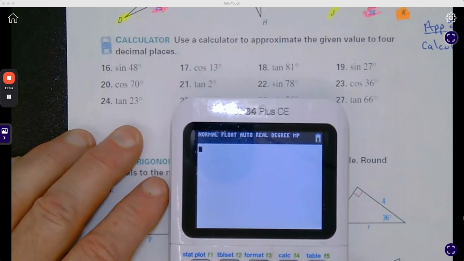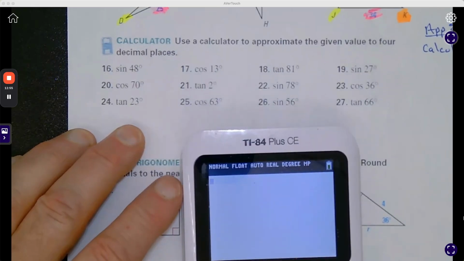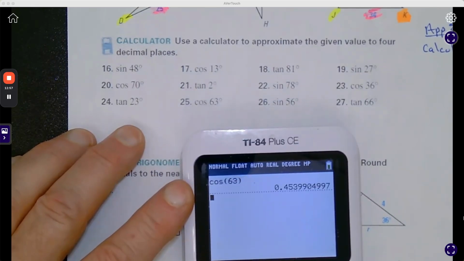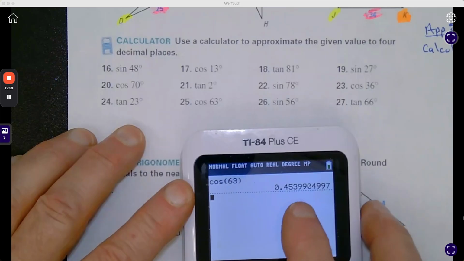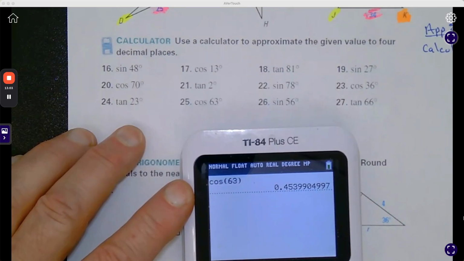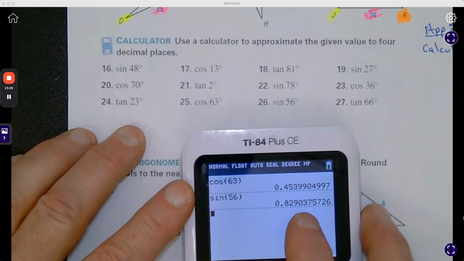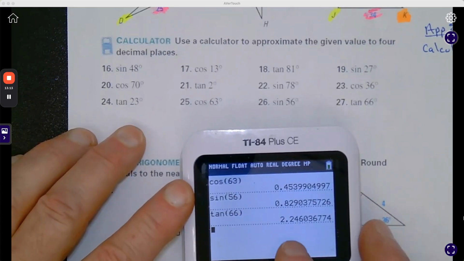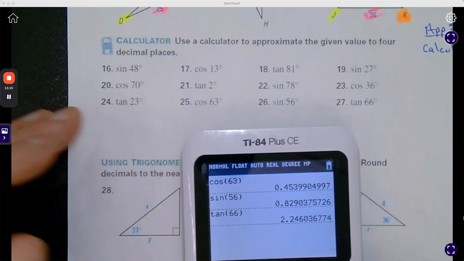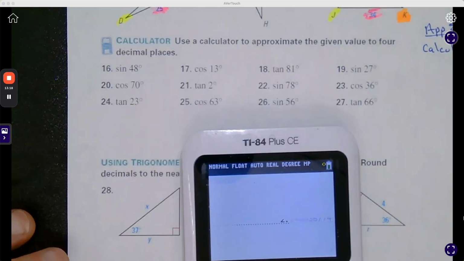Round that up. Cosine of 63. 0.4540. Sine of 56. 0.8290. Tangent 66. 2.2460. All right, done deal.